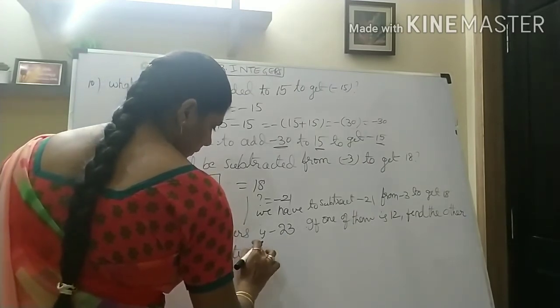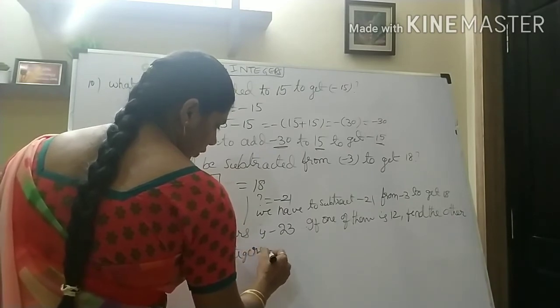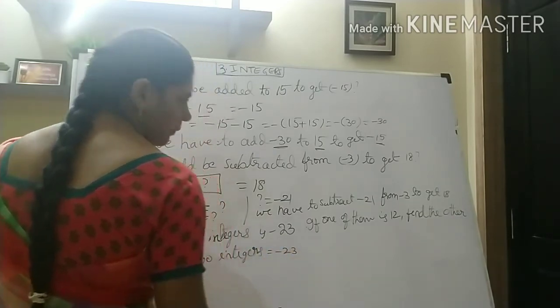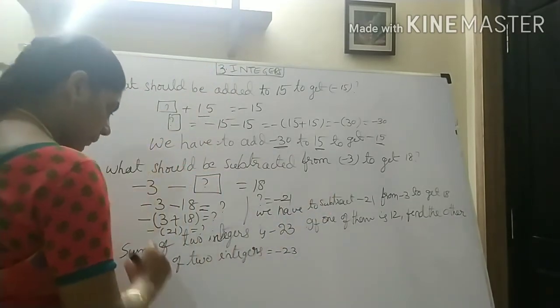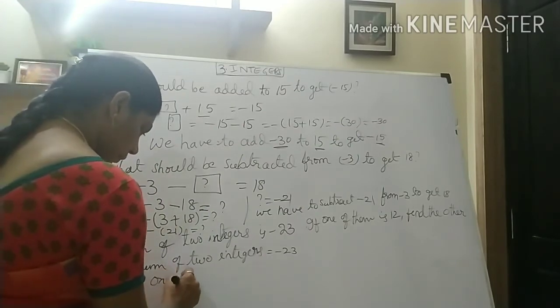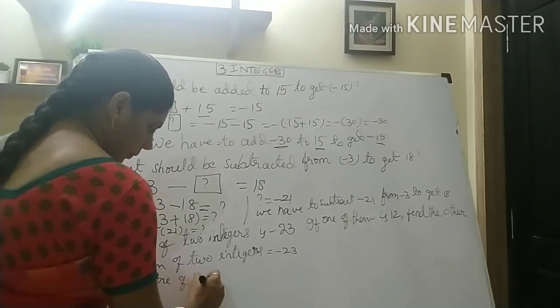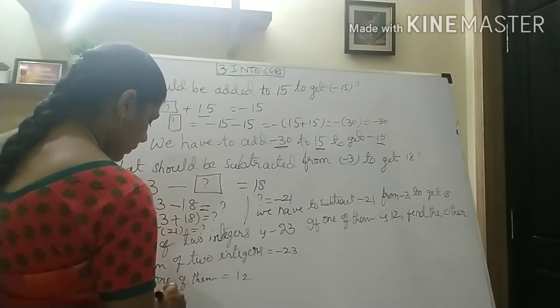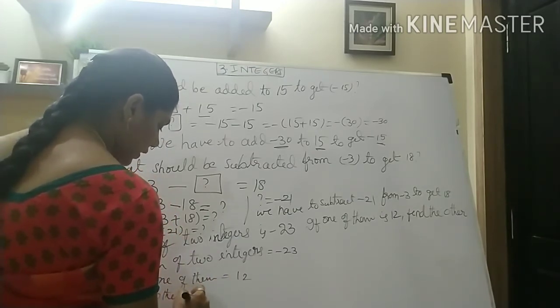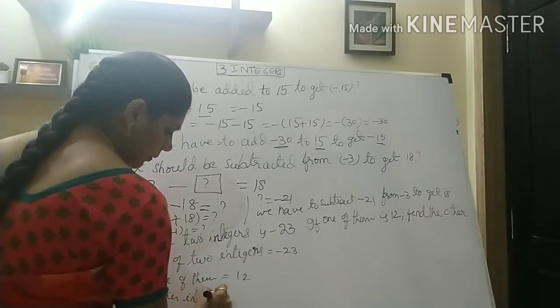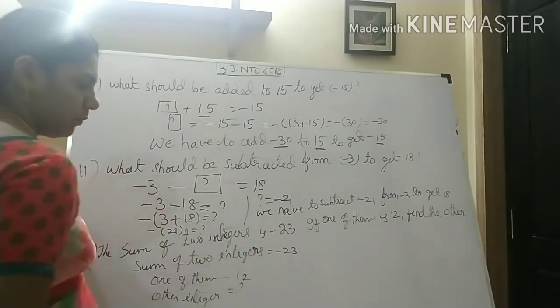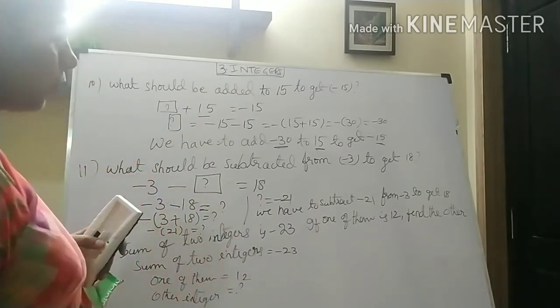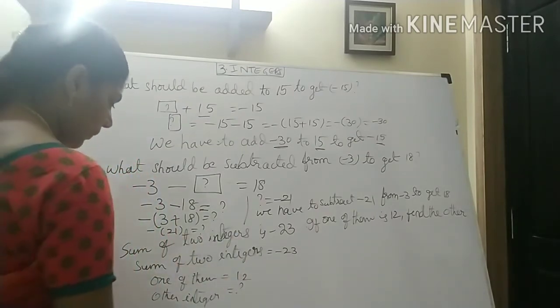Sum of two integers equal to minus 23. One of them equal to 12. So the other integer we don't know. But we know the sum of these two is minus 23.